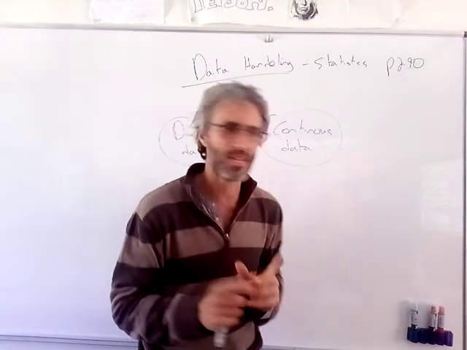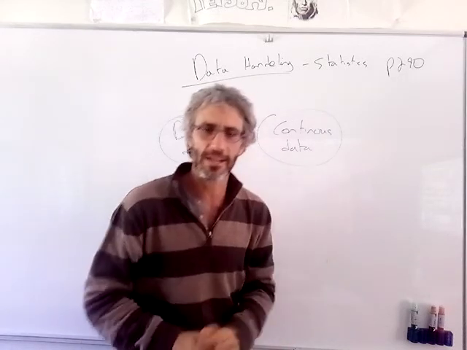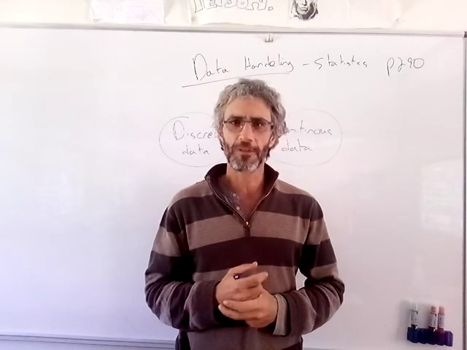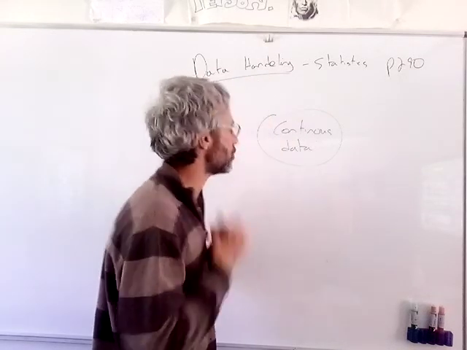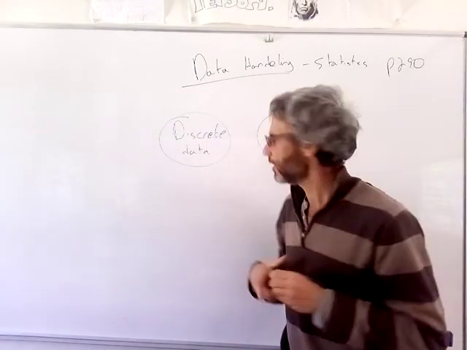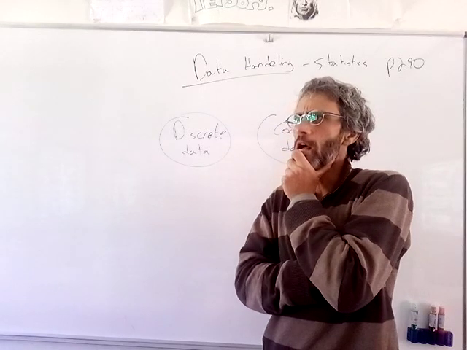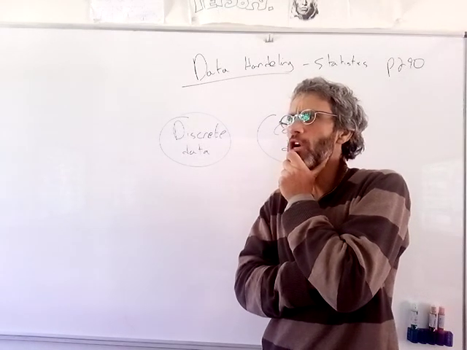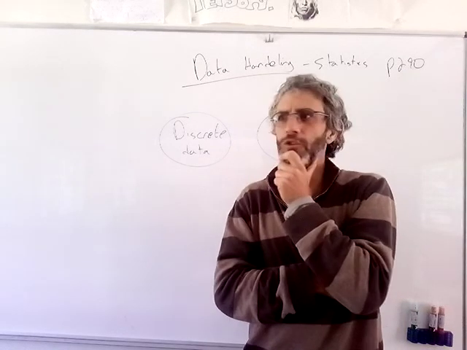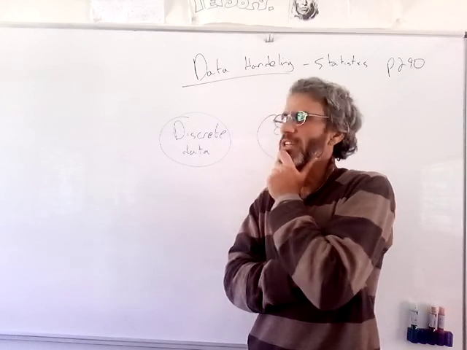So I'm going to spend a minute explaining the difference between discrete data and continuous data. They're both types of data, like numbers, but they are a bit different. Let's start with discrete. What is discrete data? Discrete data could be, for example, number of students doing hockey, number of students doing rugby, number of students doing cricket, water polo.